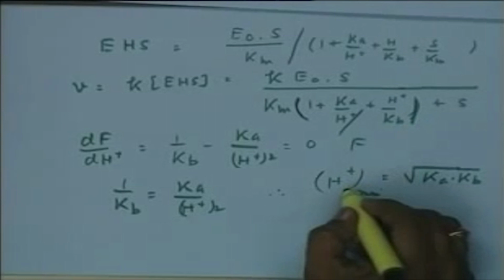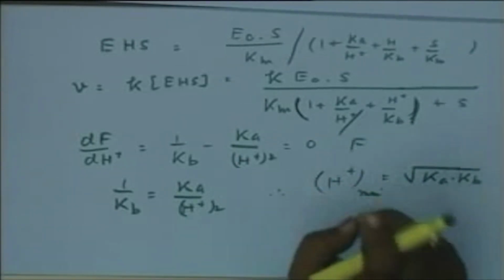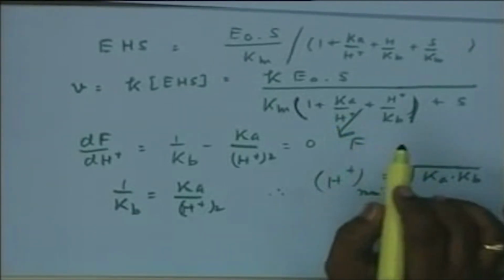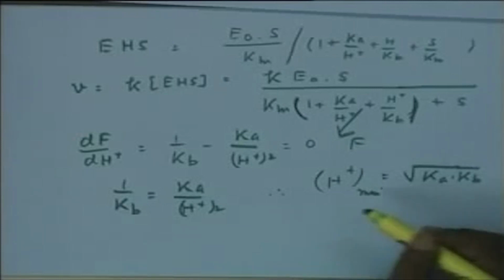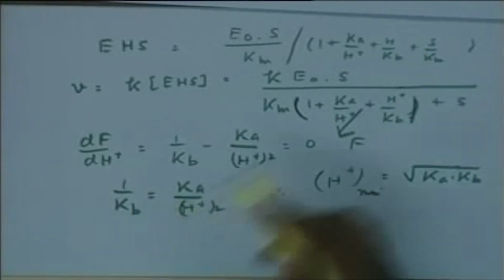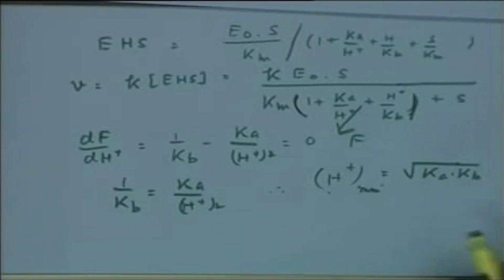This is not the minimum hydrogen ion concentration, but is the value of the hydrogen ion concentration at which the value of this function f is minimum, and obviously the rate will pass through a maximum when this function is minimum. At this hydrogen ion concentration, the reaction velocity will pass through a maximum.